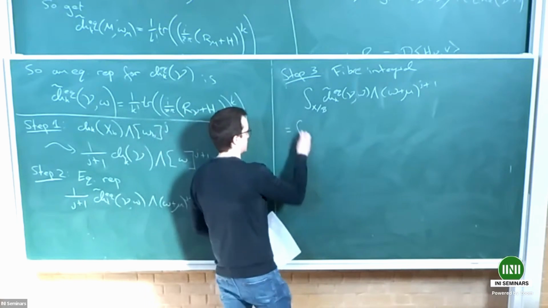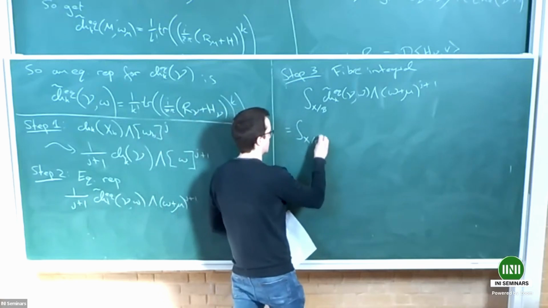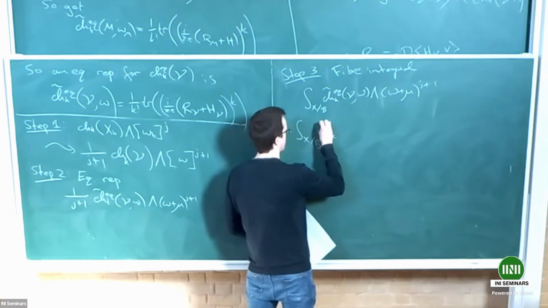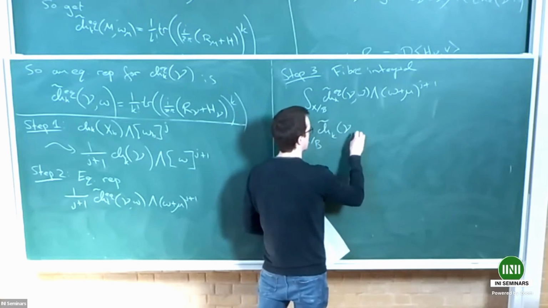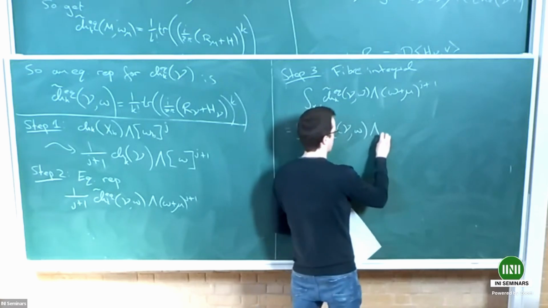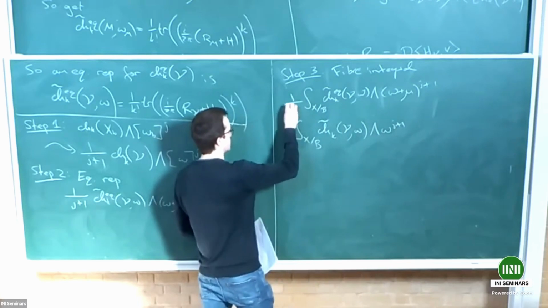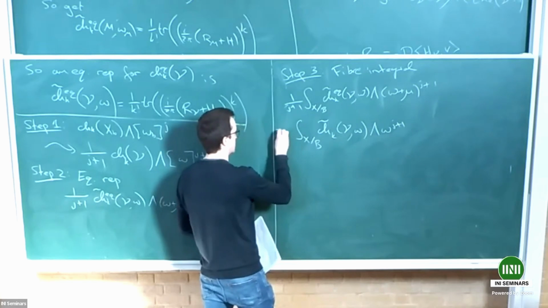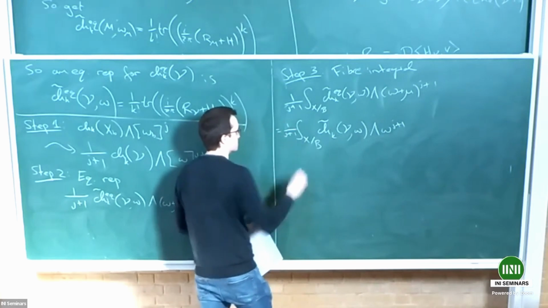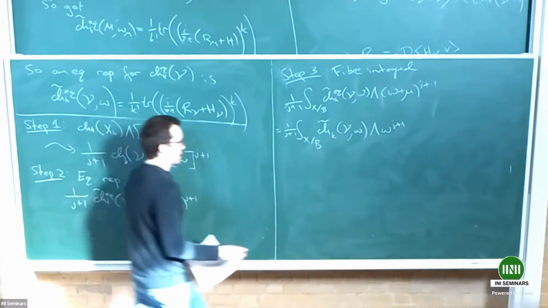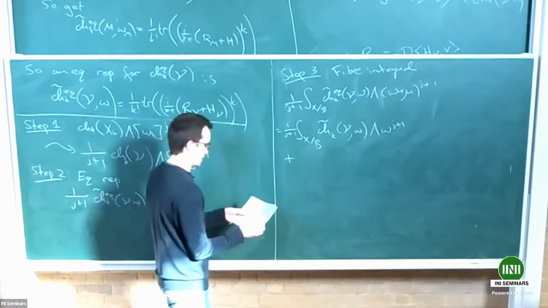And we get a two-form part as usual, which is the non-equivariant representative, wedge omega to the j plus 1. Sorry, I wanted to divide by j plus 1. And we also get a function part.